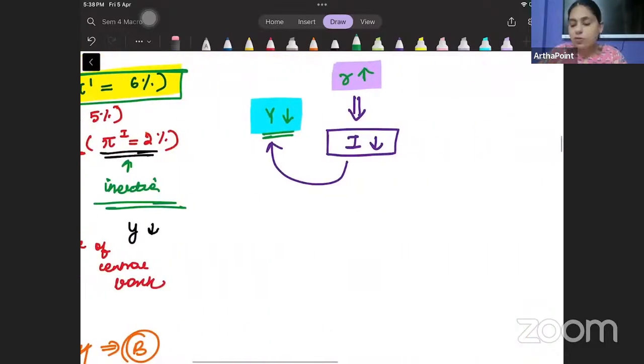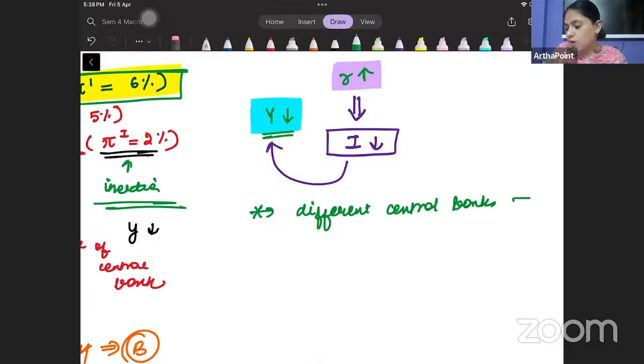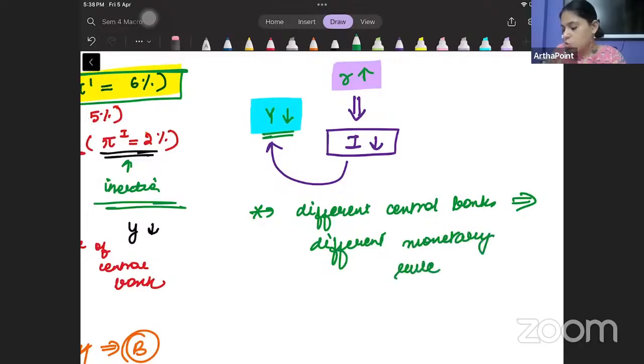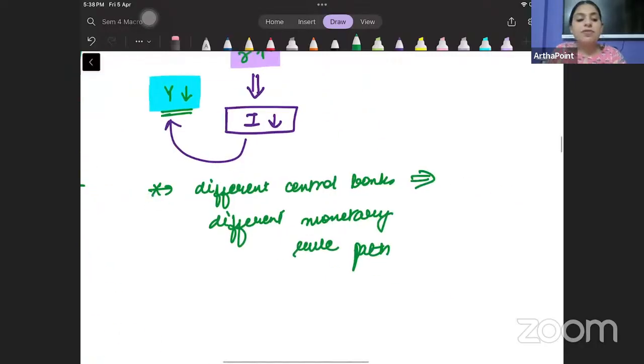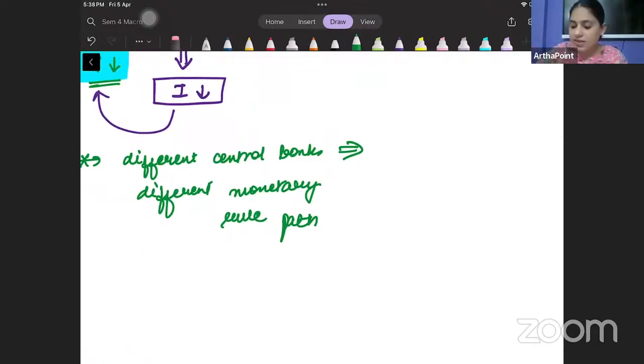So what we learn from here is that different central banks can have different monetary rule paths, but what kind of monetary rule path they will have depends on what kind of inflation aversion they have.